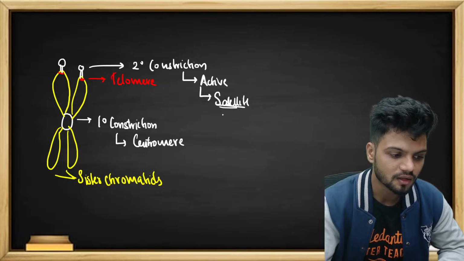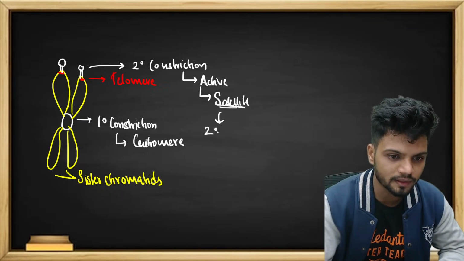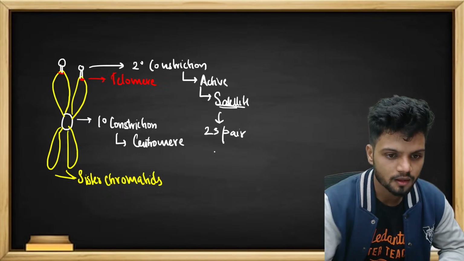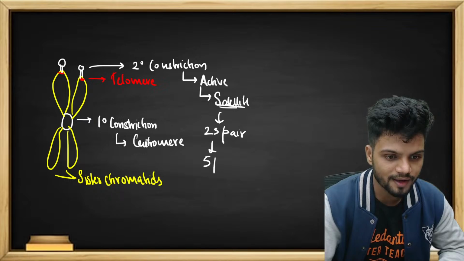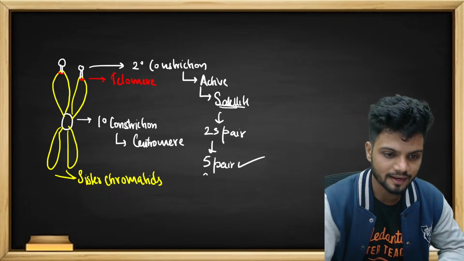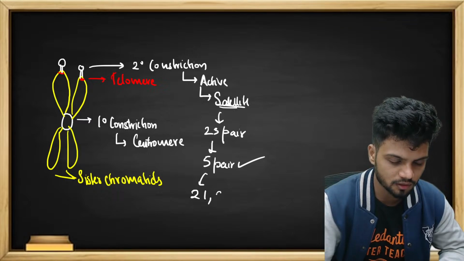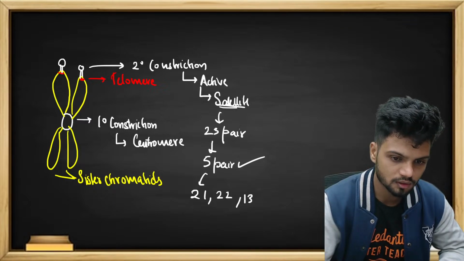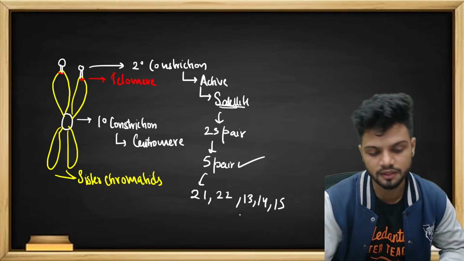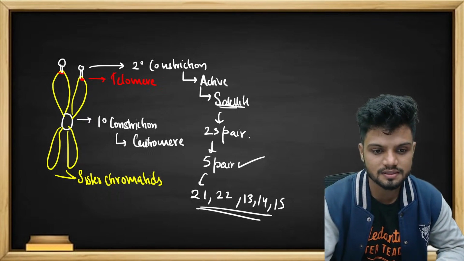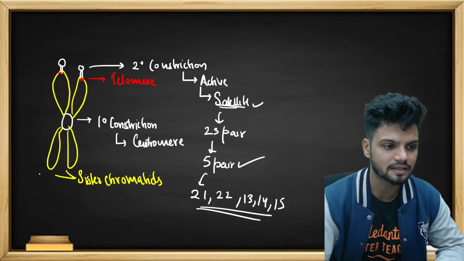Okay, satellite. And out of 23 pairs of chromosomes, only 5 pairs have a satellite. That is basically 2, 21, 22, 13, 14 and 15. Only these have the satellite, the secondary constriction.